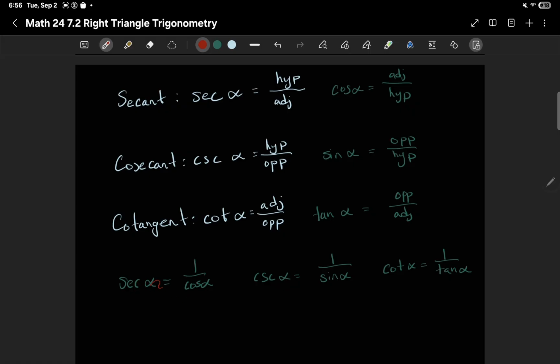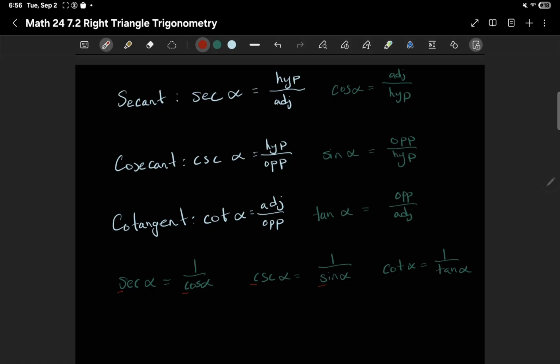If you want to find an easy way, or at least what I think is an easy way, of remembering which of these three functions go with the three original functions, well, hopefully cotangent and tangent, their relationship is pretty straightforward. But the way I remember how cosecant goes with sine and secant goes with cosine is that if it starts with an S, like secant does, then its reciprocal is one that starts with a C. And if it starts with a C, then its reciprocal is the one that starts with an S. So you kind of interchange the letters.